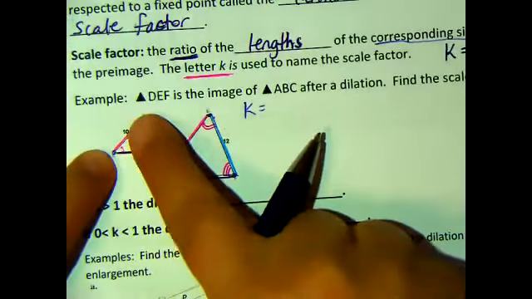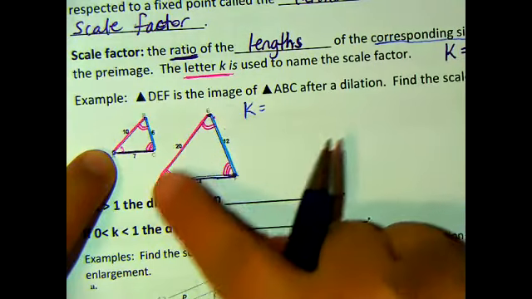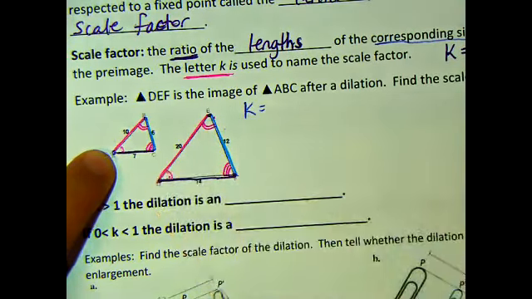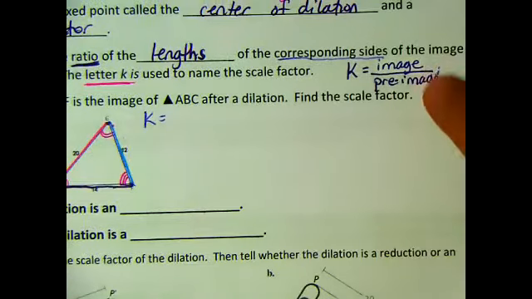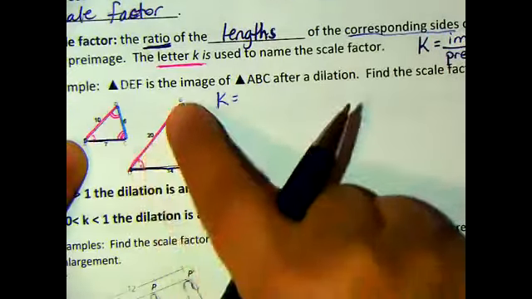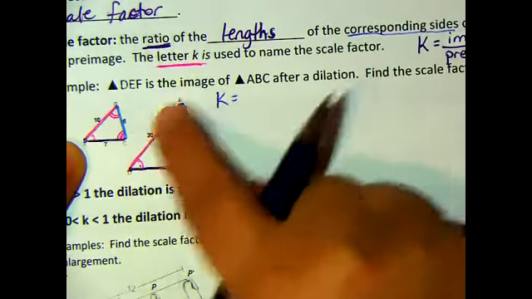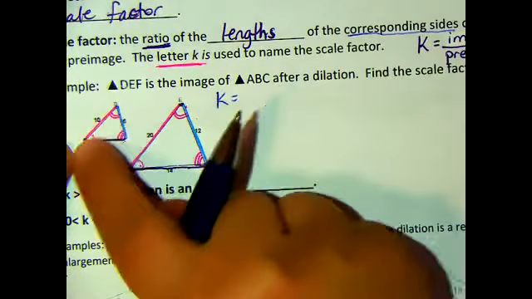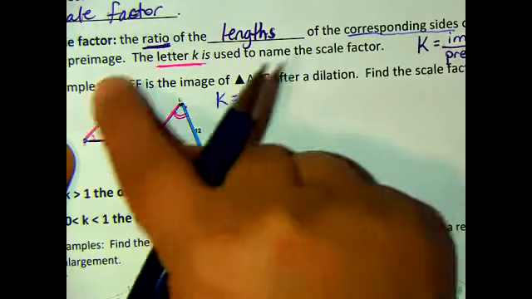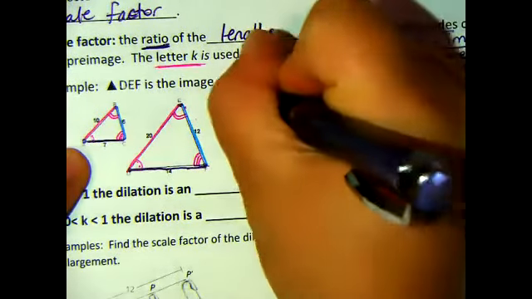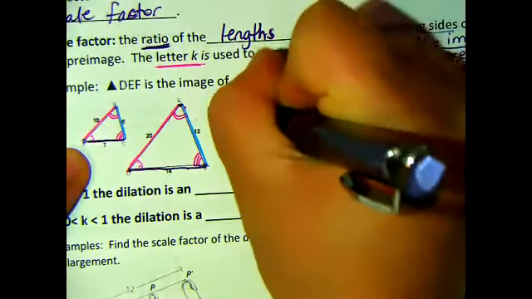So let's say I have AB and DE. They're corresponding, okay? The way my ratio works is image over pre-image. So my image was DE, that's from my image triangle. My pre-image is AB. That's for my pre-image triangle. So I can do DE over AB.